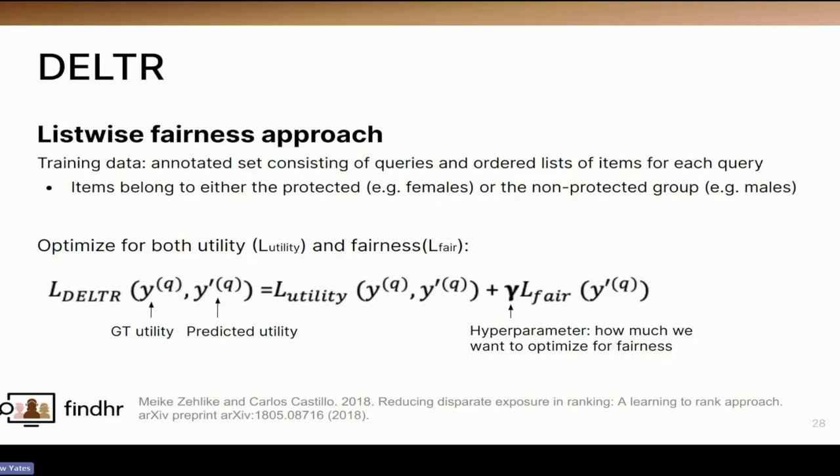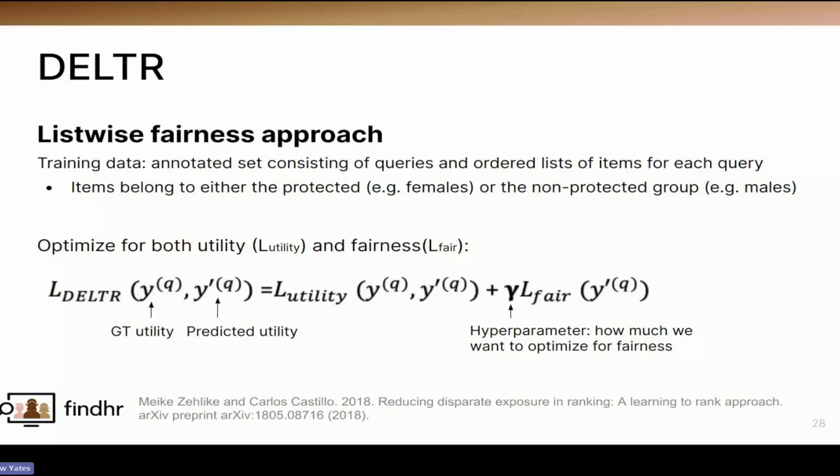So we see on the left, we have this utility objective. This considers the labels only. And we have this fairness objective on the right. That's how much we want to optimize for fairness. So rather than simply optimizing this utility loss, which could correspond to a previous listwise loss, where we want, for example, a relevant labeled item to be higher than a non-relevant labeled item, here on the right, we're also including a quantity that considers what exactly those labeled items are.